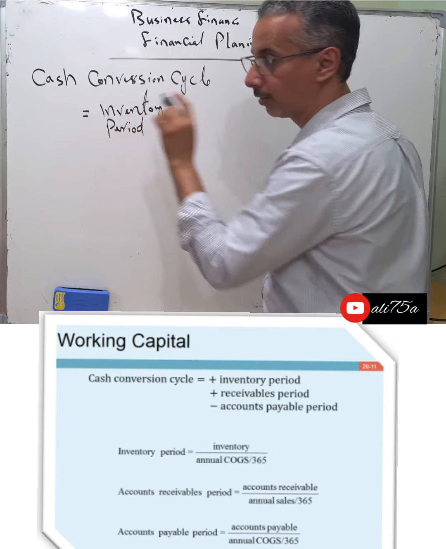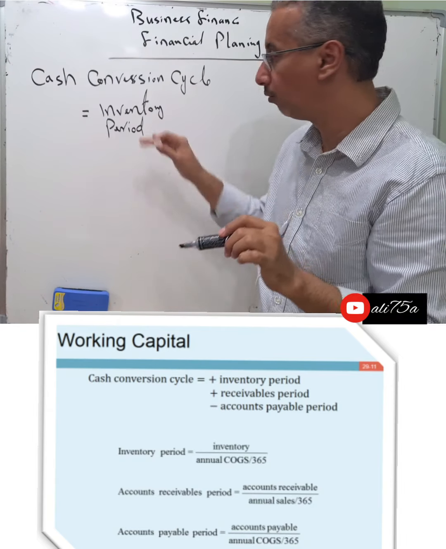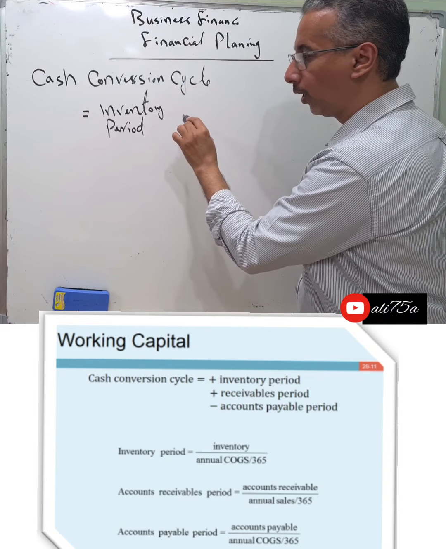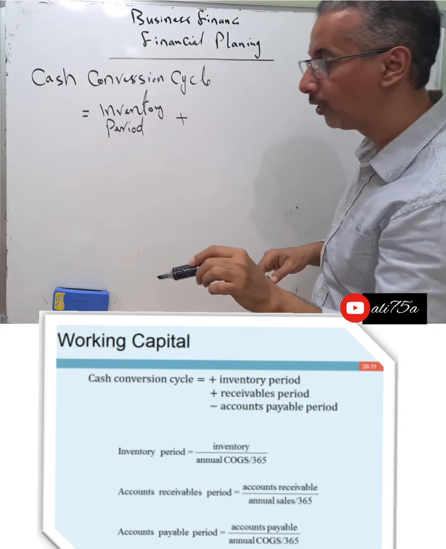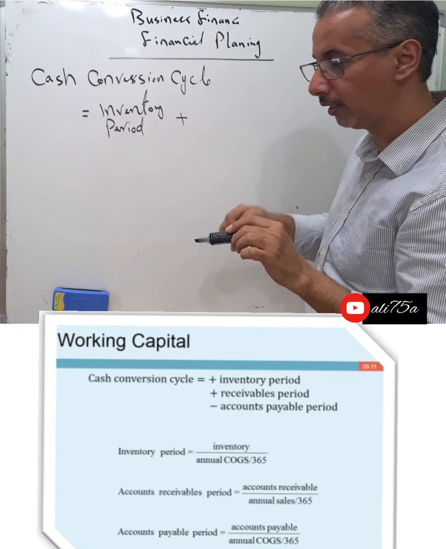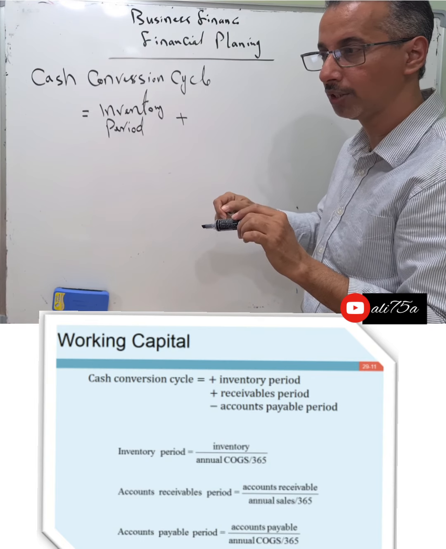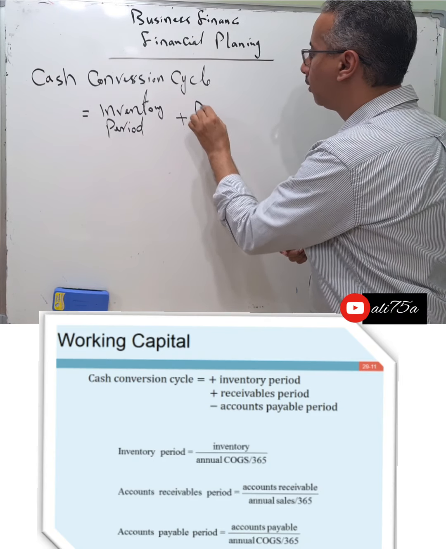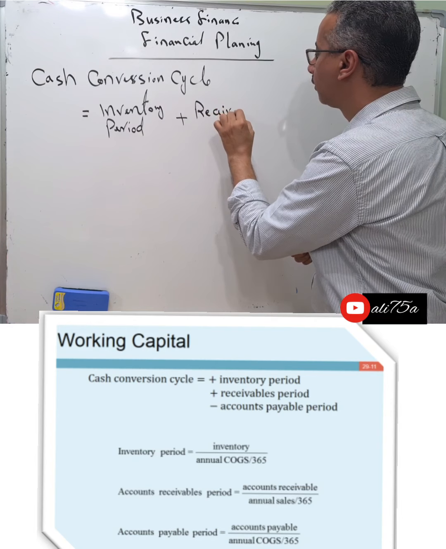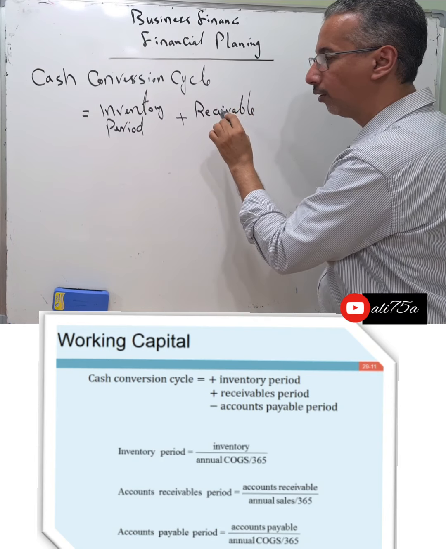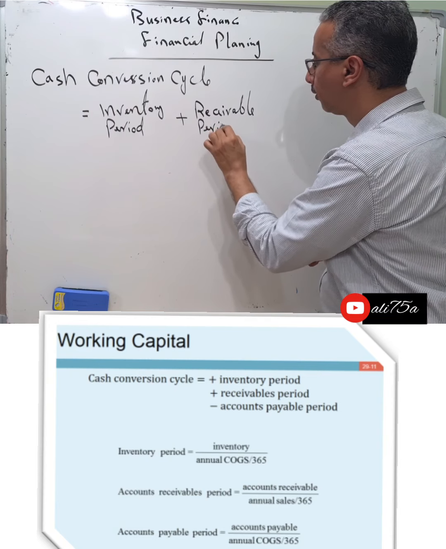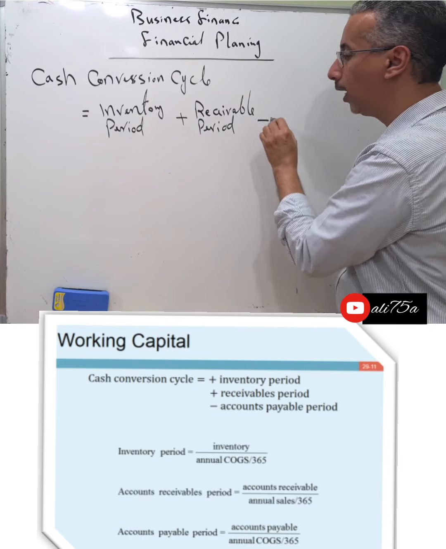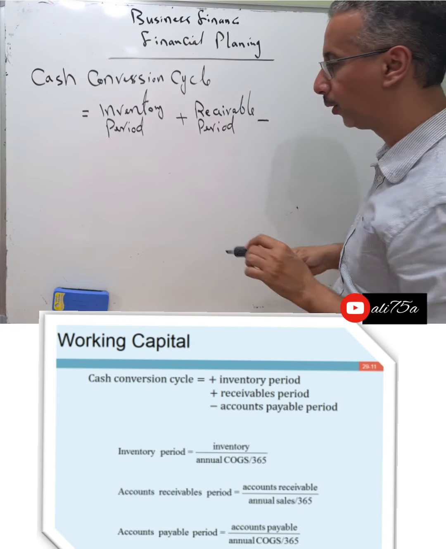How many days does the inventory stay in our stock? The cash conversion cycle equals inventory period plus receivable period minus payable period.